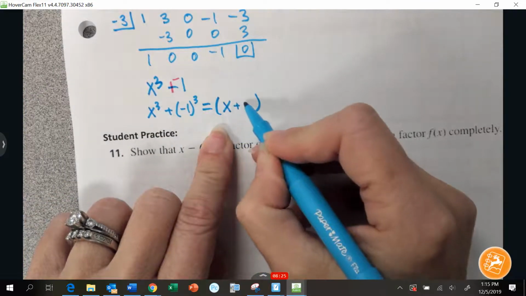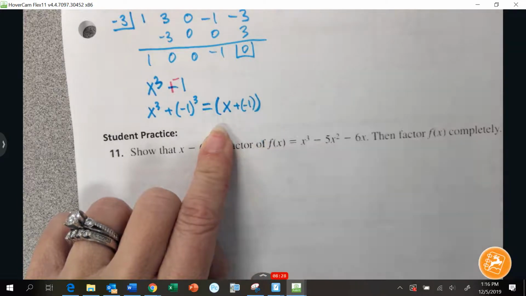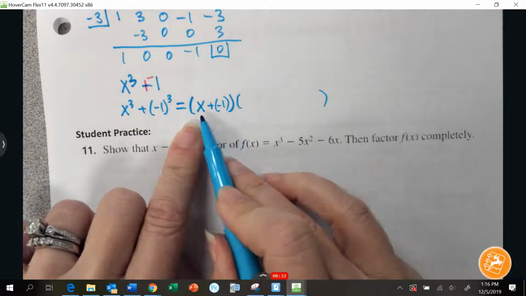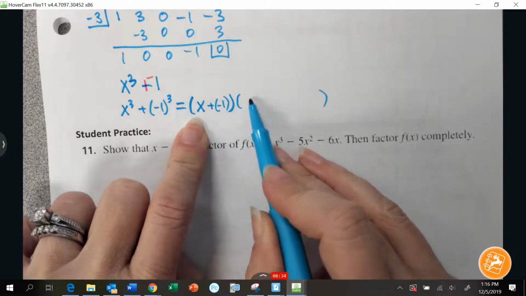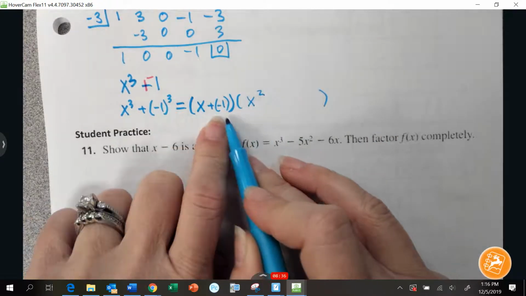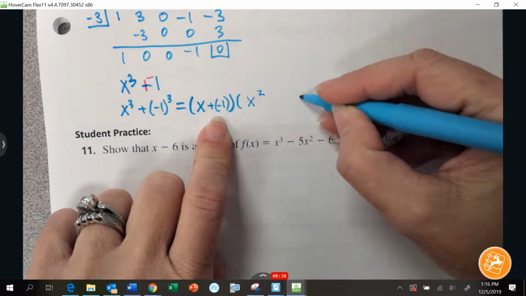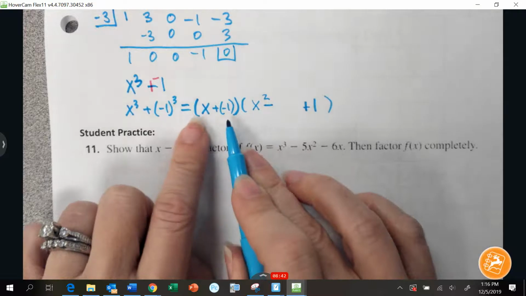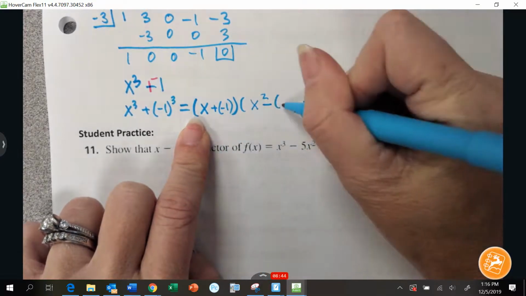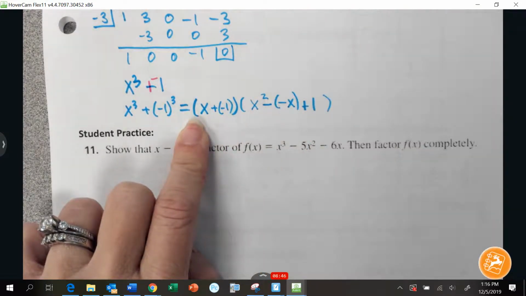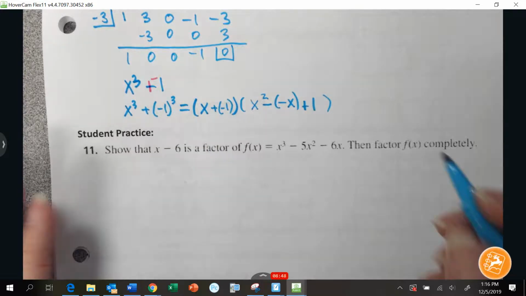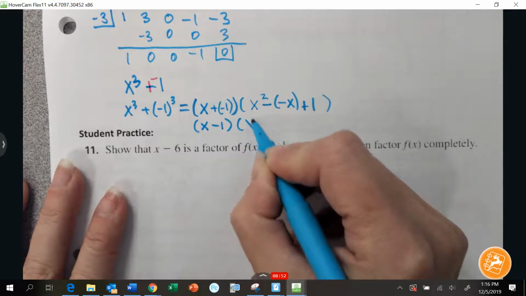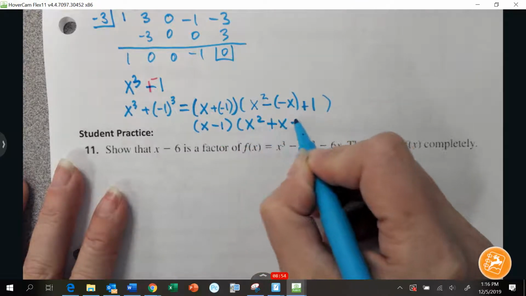X plus -1. And remember our second parenthesis. We just square the first thing, x squared, okay? And we'll square the -1 and put at the end, which becomes +1. And we always subtract the 2 of these multiplied together, which is -x. And we'll simplify that a little bit. X minus 1 times x squared plus x plus 1.